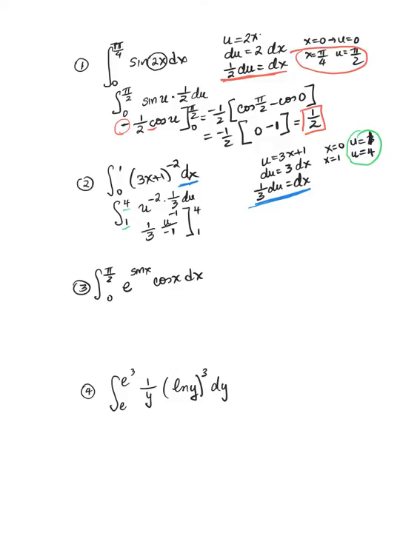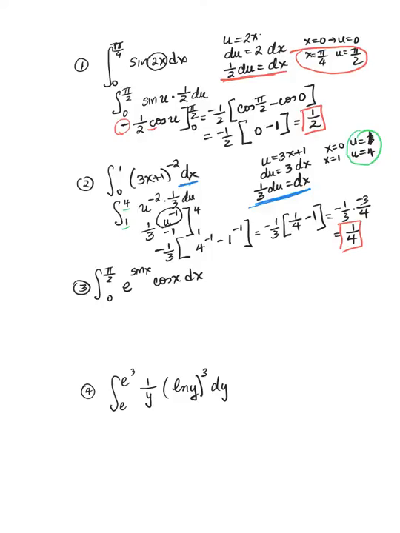So I could take out a negative 1/3 and use the first fundamental theorem on the u part. So this is 4 to the negative 1 minus 1 to the negative 1. So that's negative 1/3 times 1/4 minus 1, which is negative 1/3 times negative 3/4, I think. Hopefully that becomes 1/4. And that's the answer there.